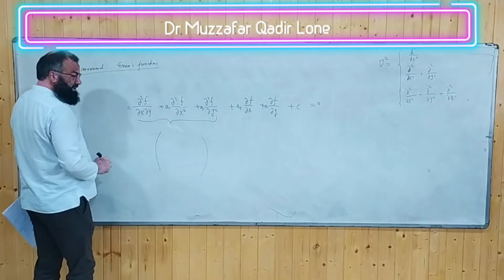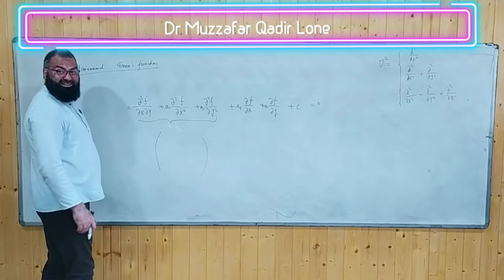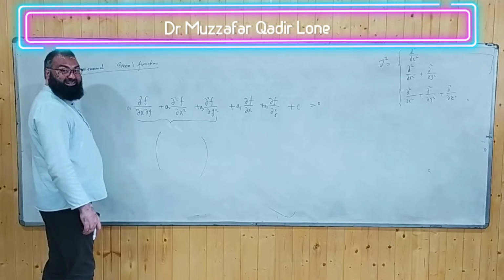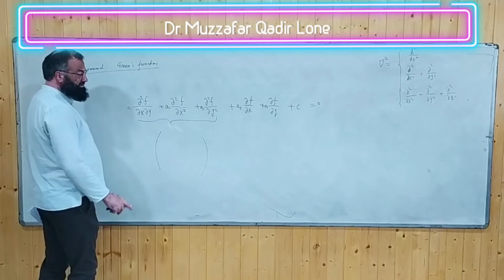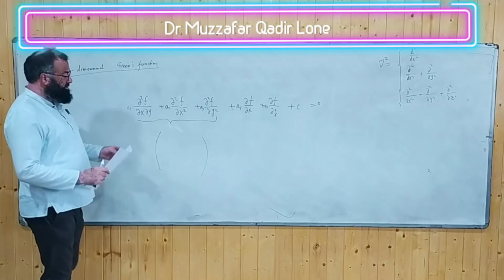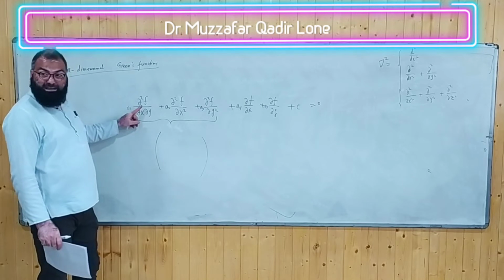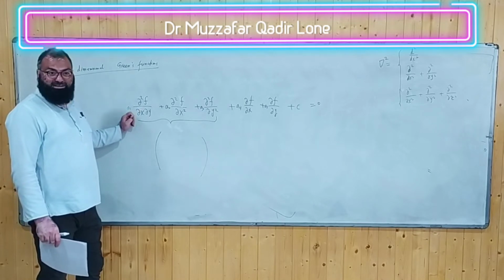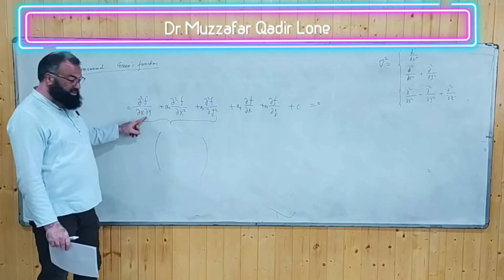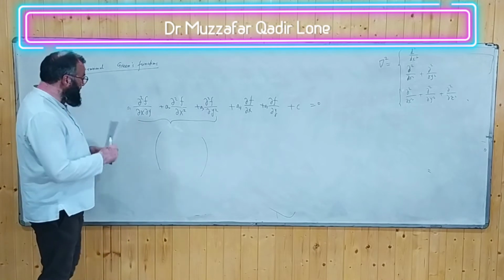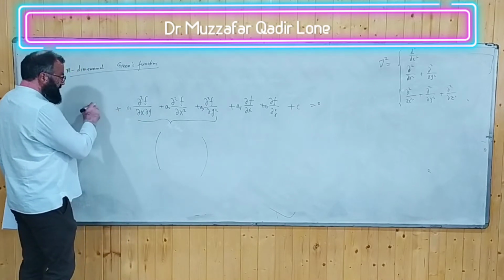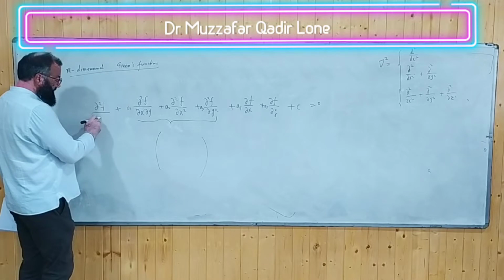Do you see there is some off diagonal term? So you have a cross term. Cross term means off diagonal term. It is a cross term, is it? So you can bring in another cross term like this: partial 2f by partial y partial x.